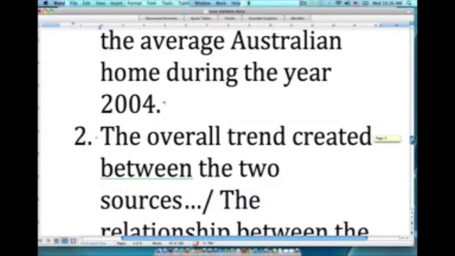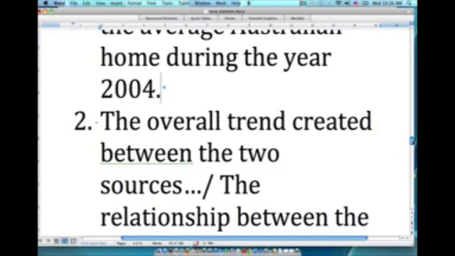So, if you're given a table and a graph, there might be a certain trend that is created between the two of them. So in a case like that, you might want to start your sentence with something like the overall trend created between the two sources grows over the course of the year, or declines, or is unstable, or these sorts of things.